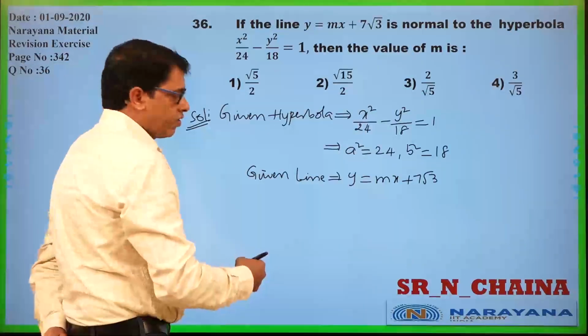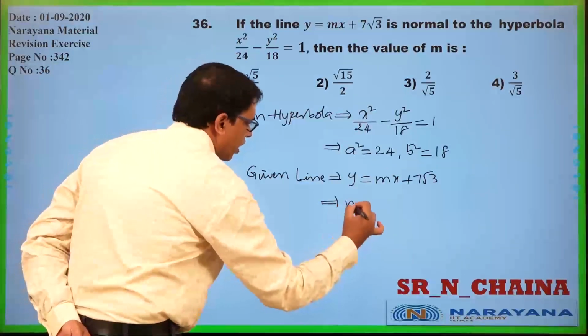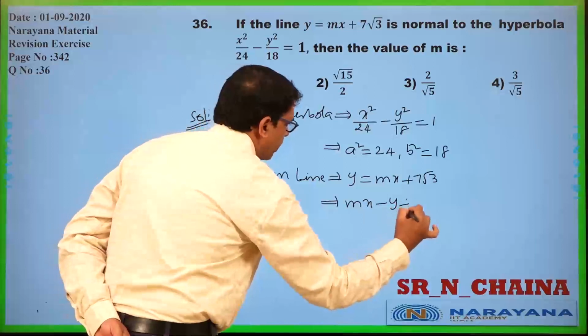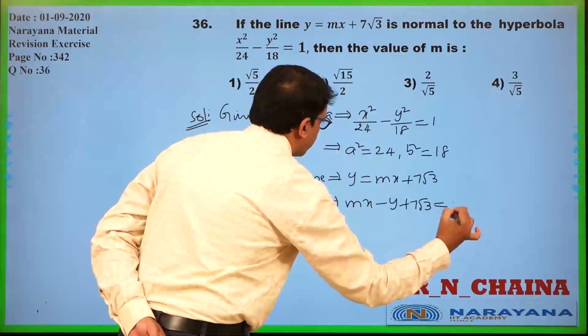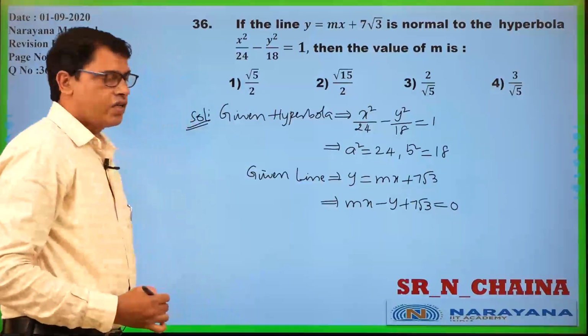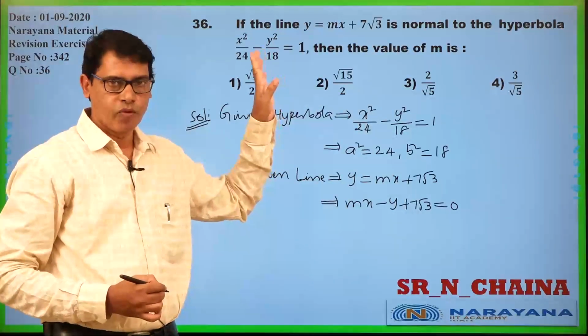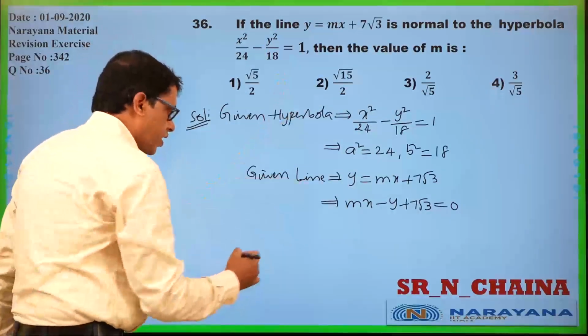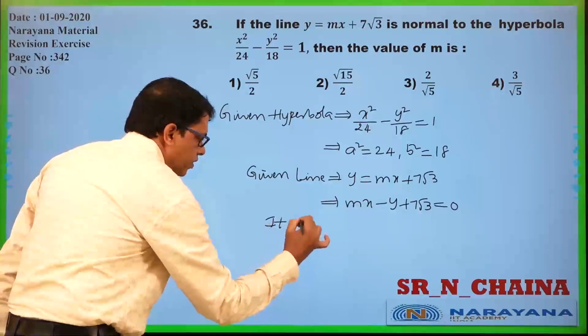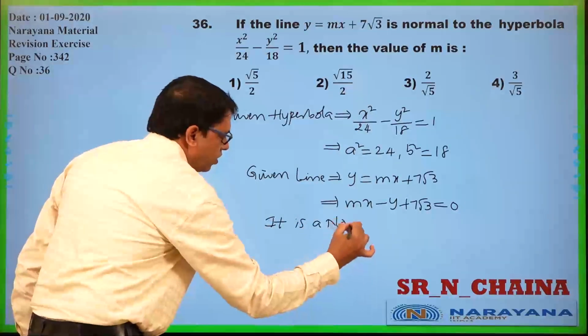Take y to the other side, that implies mx minus y plus 7 root 3 equals 0. What is given? This line is a normal to the given hyperbola.